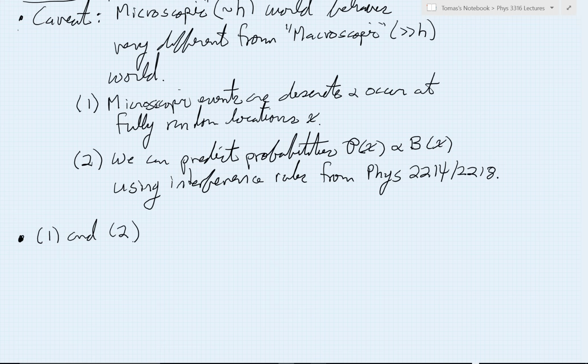That's what we're going to be doing this semester, is learning how to calculate these probabilities of where these events are going to occur, because that's really what there is out there for us to be able to predict. So 1 and 2, if you can really understand them, you understand this entire course. 1 and 2 are the heart of the quantum theory, or heart of quantum mechanics.